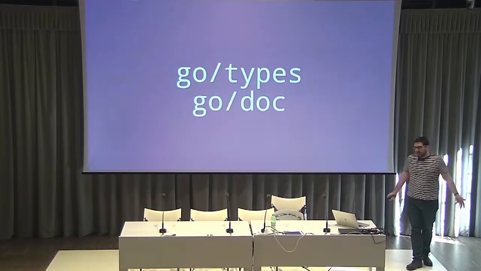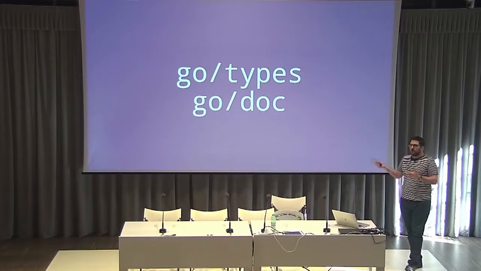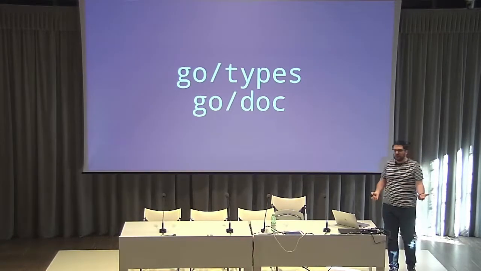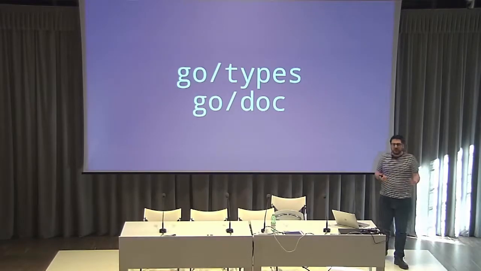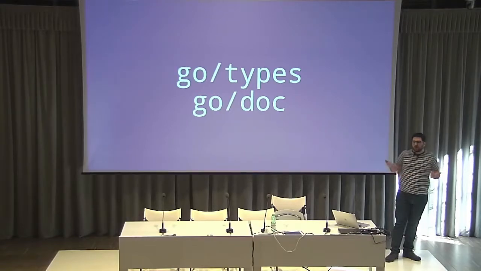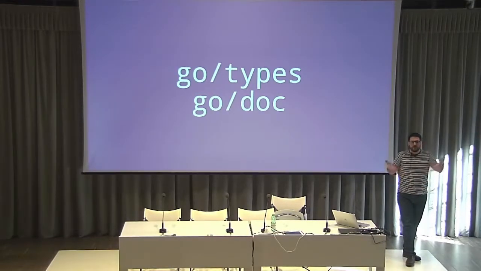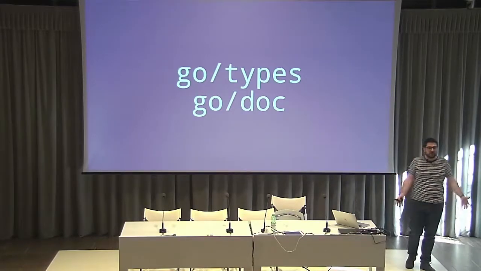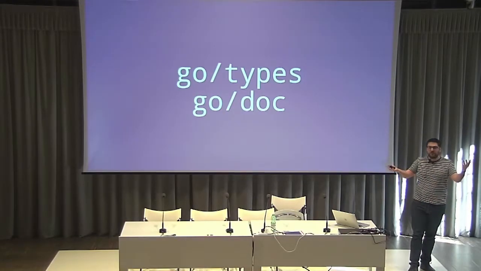So we use go/types, but we also use GoDoc, because we need to know what all the functions defined in the package are. Instead of using the abstract syntax tree, for example, to find all the functions, you can use GoDoc and say, hey, generate the public documentation for that package, and give me the list of functions that are exported and documented.